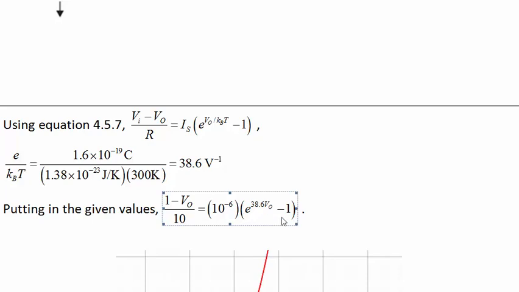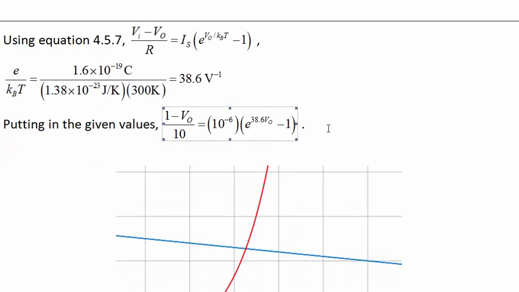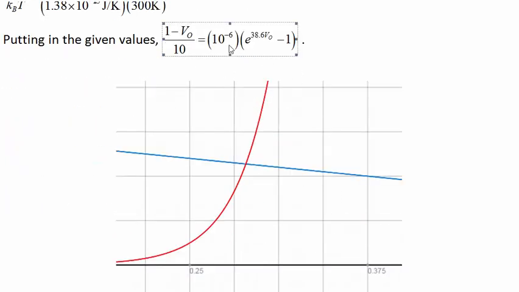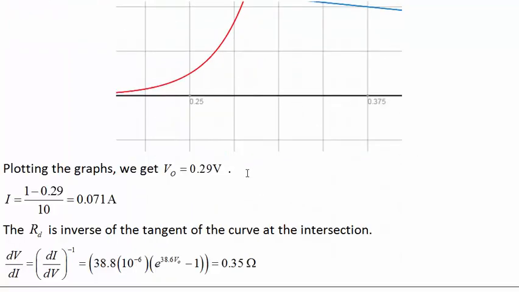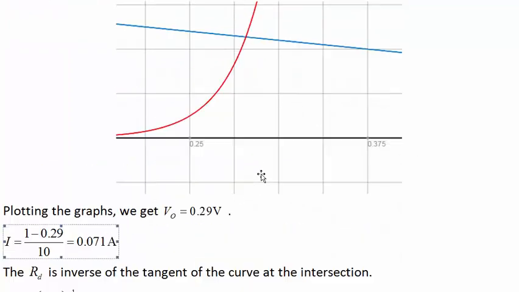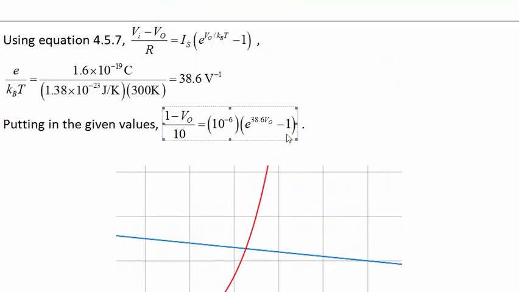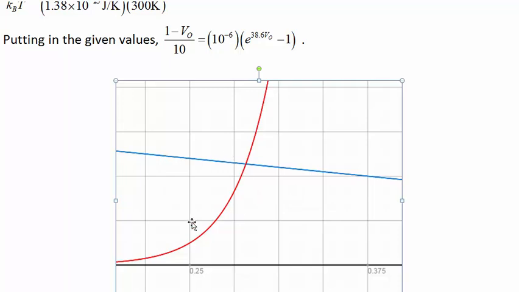Then, putting in the given values, we can plot two functions. The left-hand side is your load line, and the right-hand side your diode. Plotting them and finding out where they're equal, you can find the voltage and then the current. This is the graphical solution.